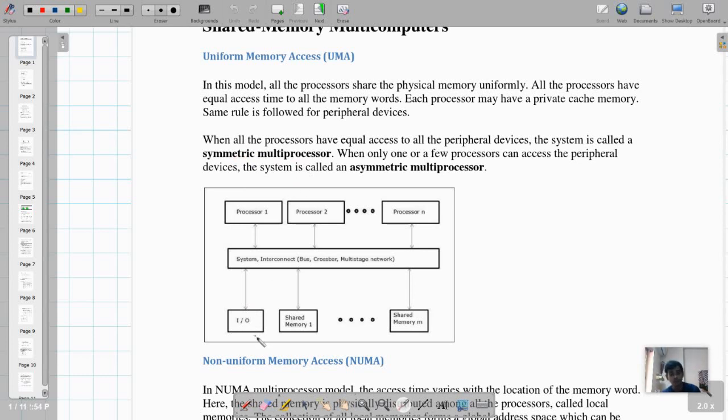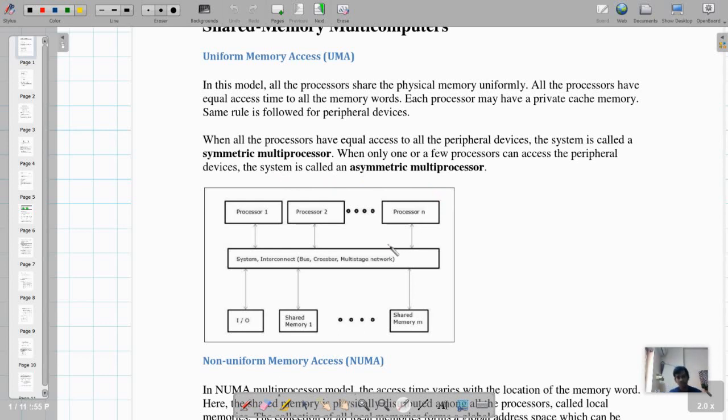However, sometimes some processor might have a higher priority on a particular unit over the other processors. In that case, the system will be called an asymmetric multiprocessor: when only one or a few processors can access the peripheral devices, the system is called an asymmetric multiprocessor.